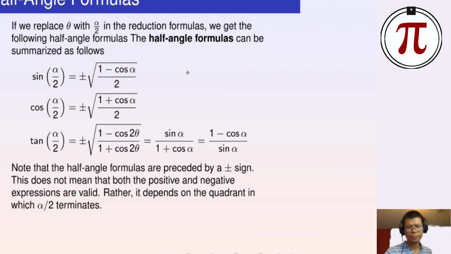Sine alpha over 2 equals plus or minus square root of 1 minus cosine alpha over 2. Cosine alpha over 2 equals plus or minus square root of 1 plus cosine alpha over 2.